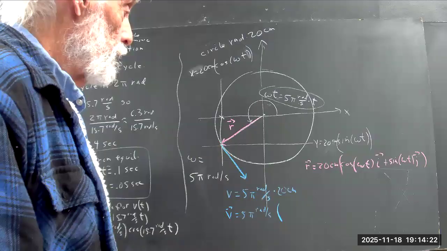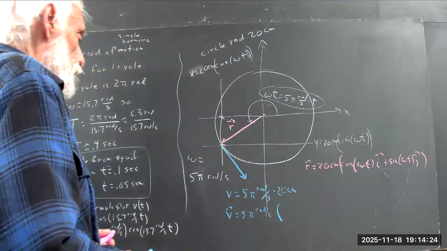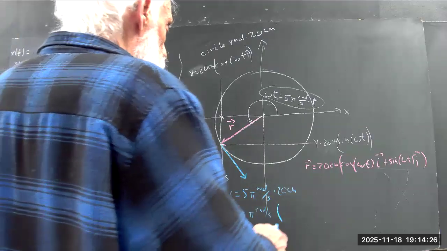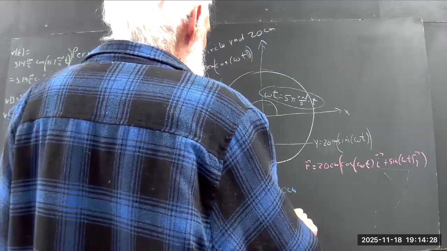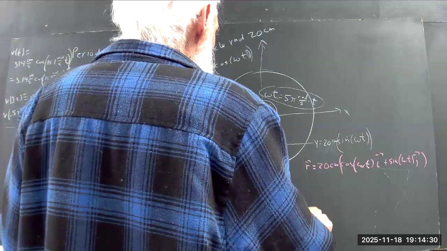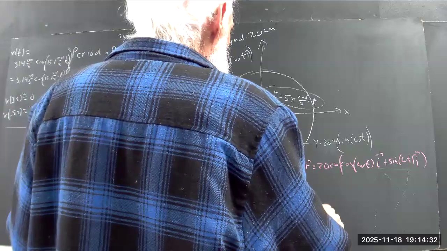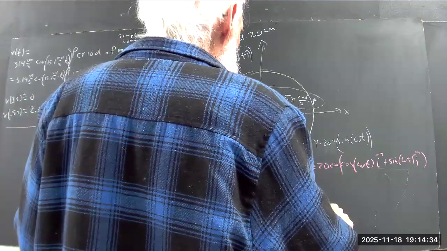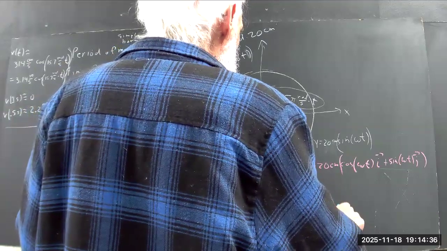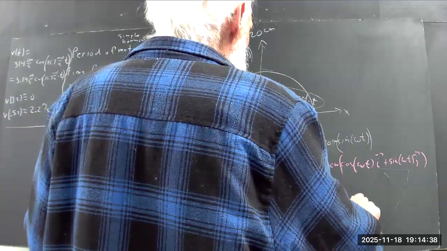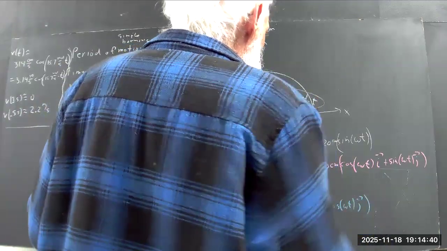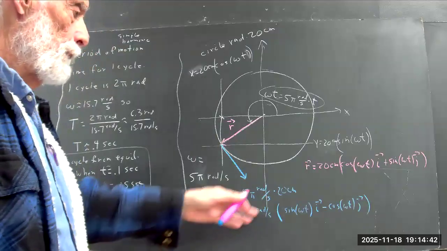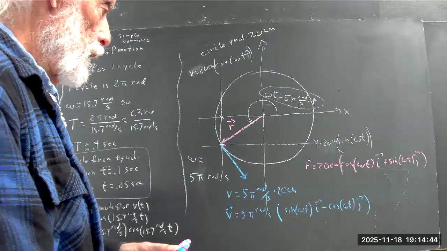And you can work it out. You can see that this unit vector is going to be sine of omega t times i minus cosine of omega t times j.